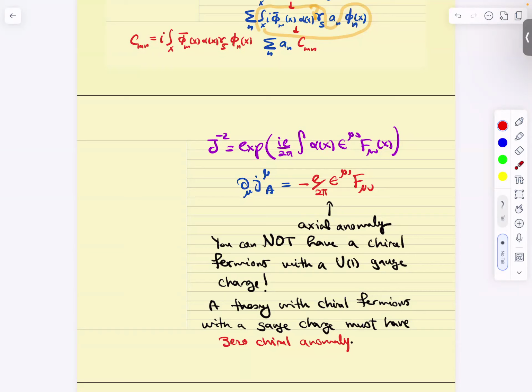I wasn't going to comment on this. I'm just going to give you a hint, and then you can go and read about it. Remember, when we said we had a symmetry, it was represented by Wigner's theorem as a unitary or anti-unitary operator on the Hilbert space. Now this is no longer a symmetry. When you have an anomaly, your transformation is no longer a unitary transformation.